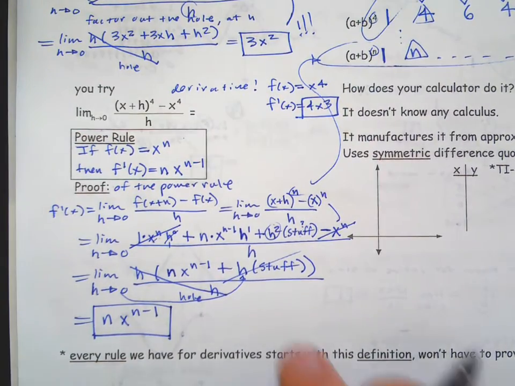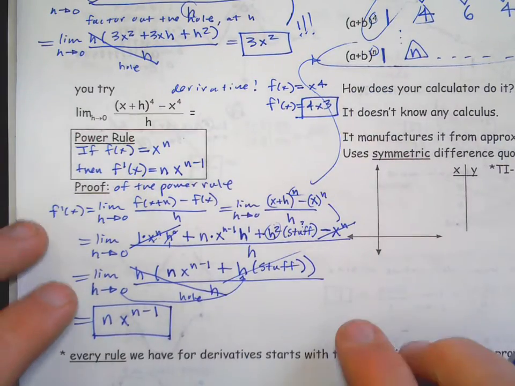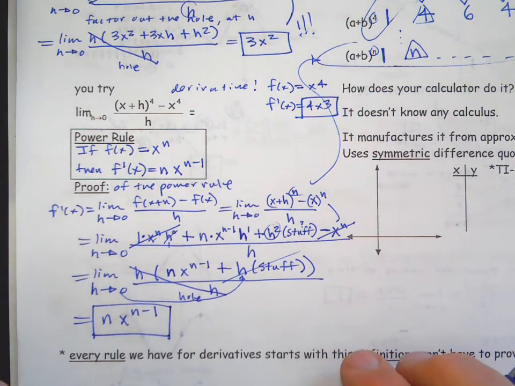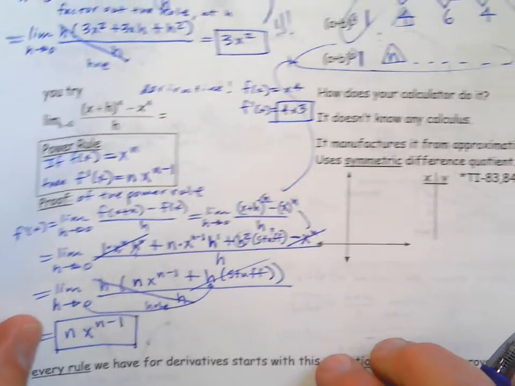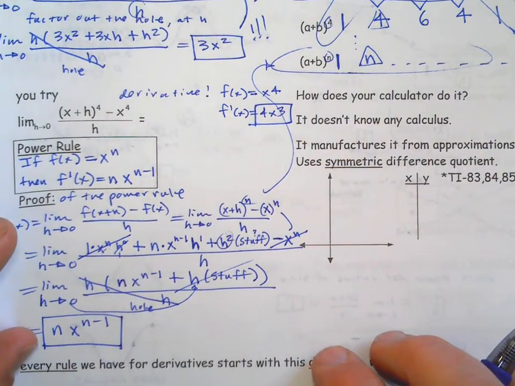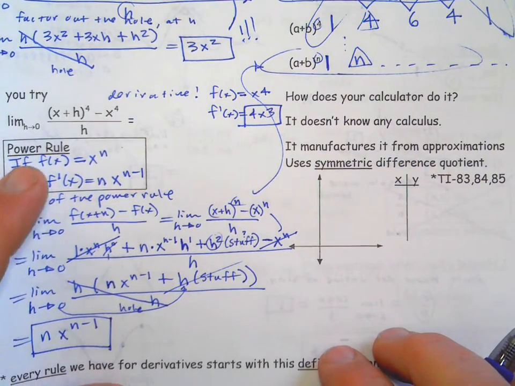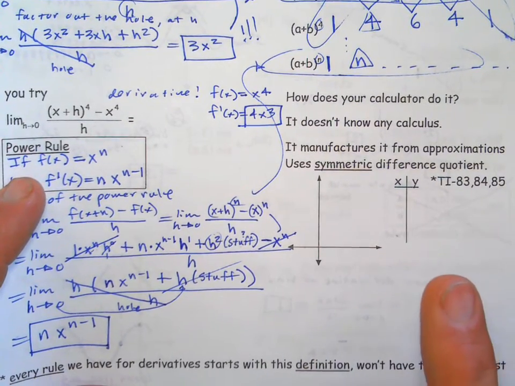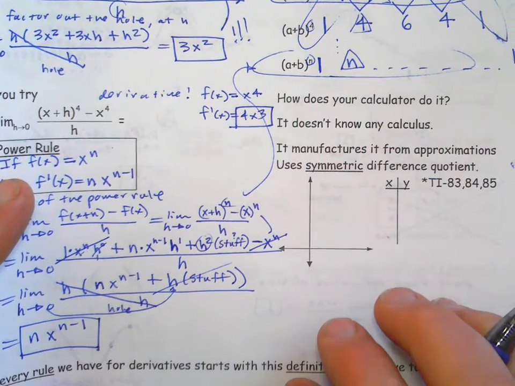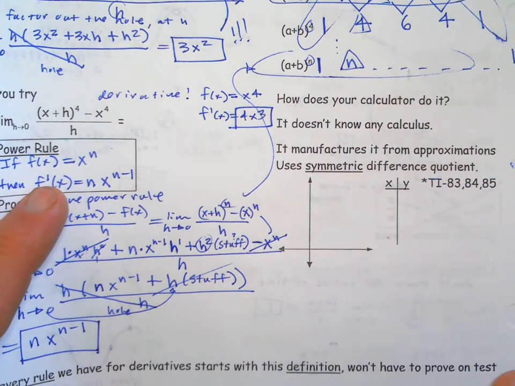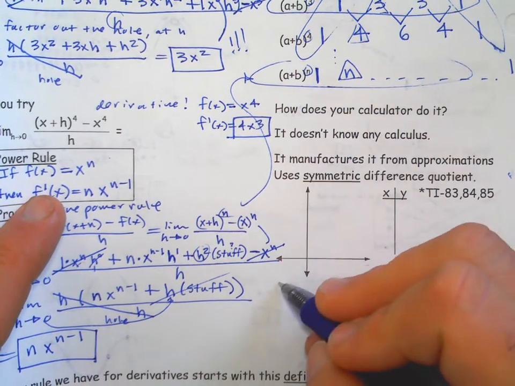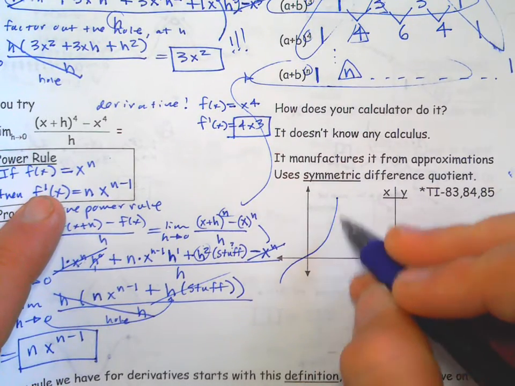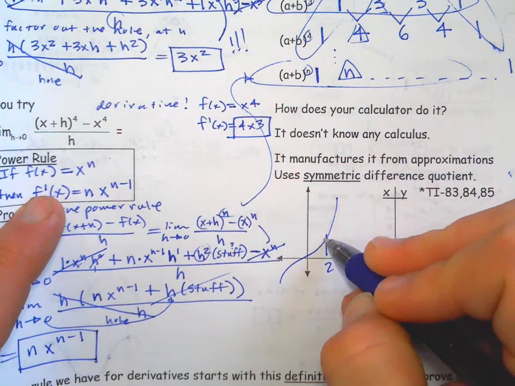Now, every rule starts at the definition of the derivative, okay? Now, your calculator, by the way, doesn't know the derivative rules. It doesn't calculate them exactly because it would take infinity for it to keep trying to get h closer to 0 in practicality. So what it does is, you have a graph here, and let's say you want the slope at 2.